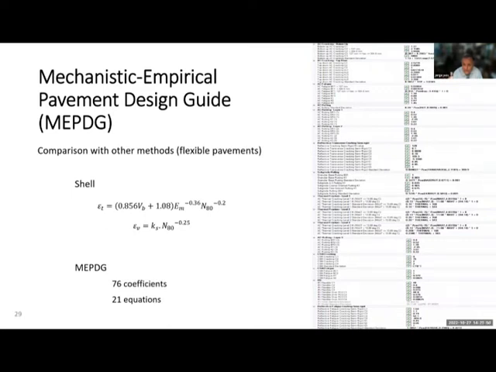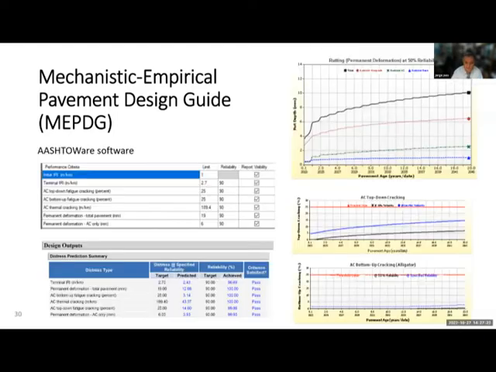So the model is extremely flexible, so we can adapt it for any type of configuration or type of materials, because the model can be completely personalized for different materials, different climate conditions, and so on.